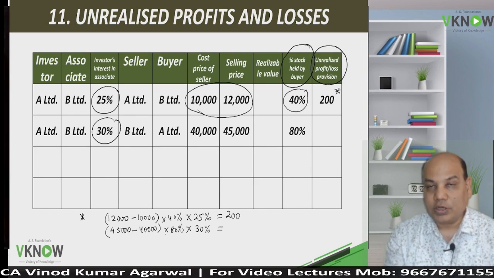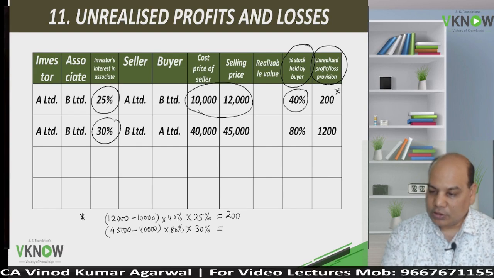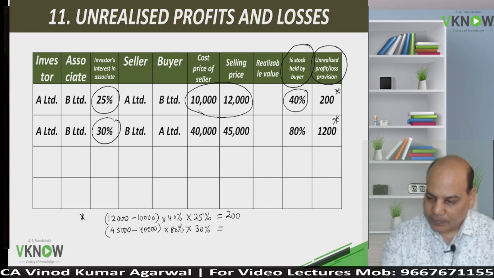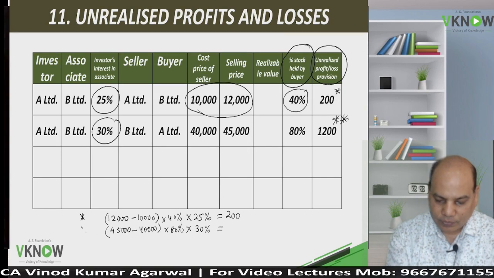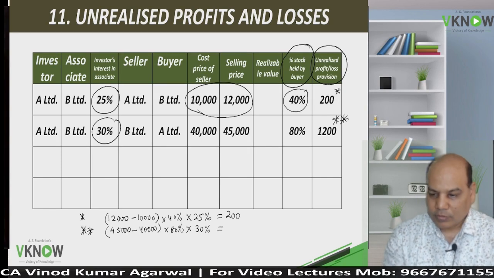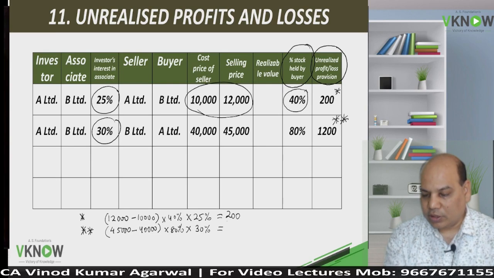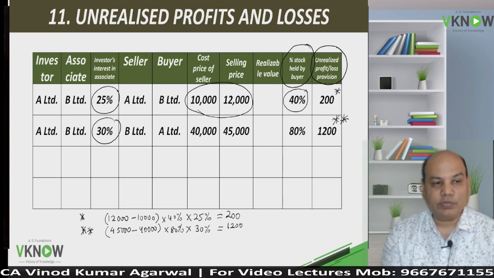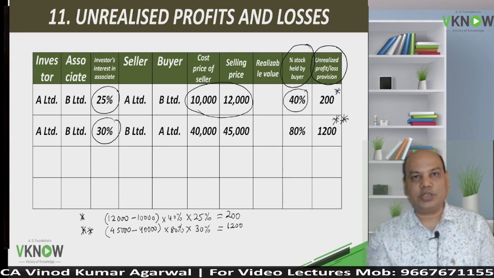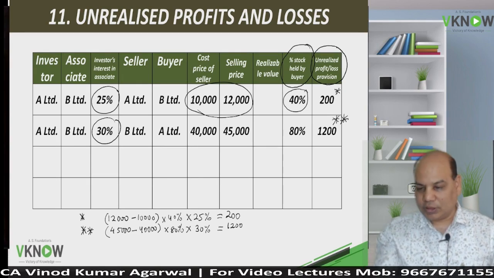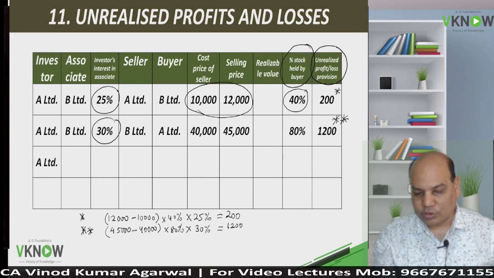So 5,000 into 80% into 30%. How much is that? That is 1,200. This is the working of 1,200. If you are a genuine, good student, you will note down. Others will only watch the show as if there is some program going on.